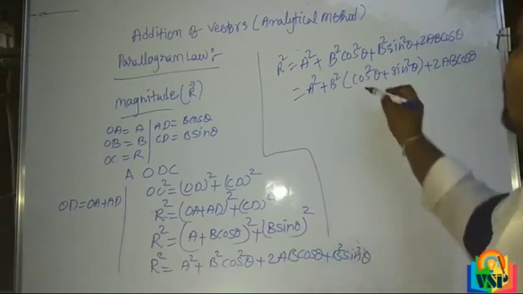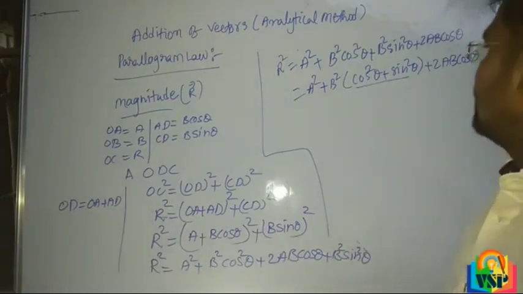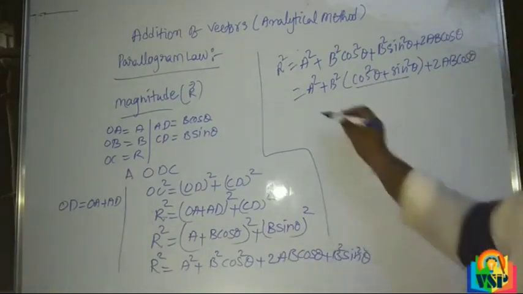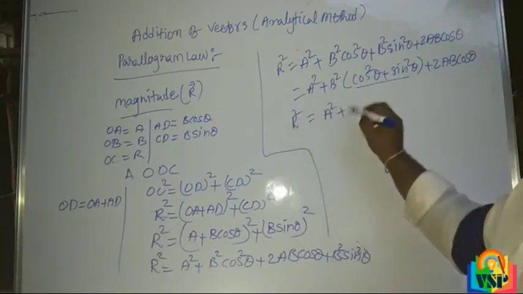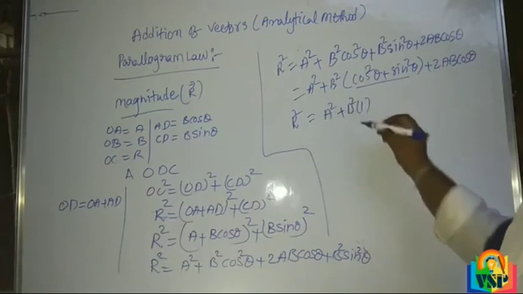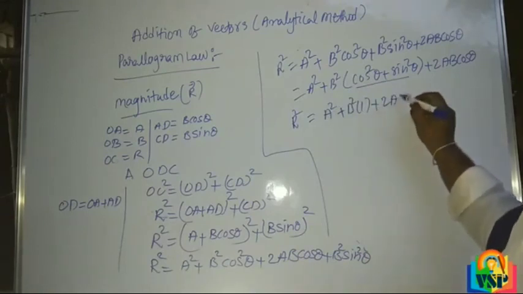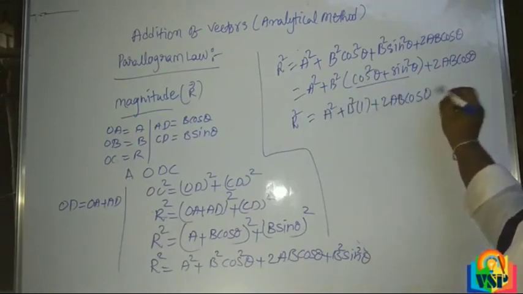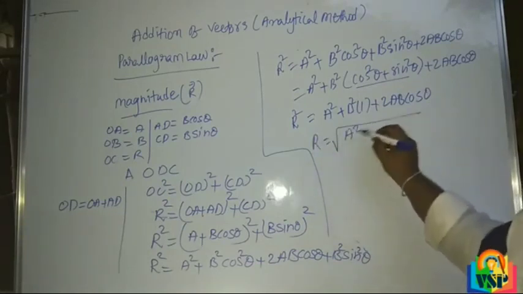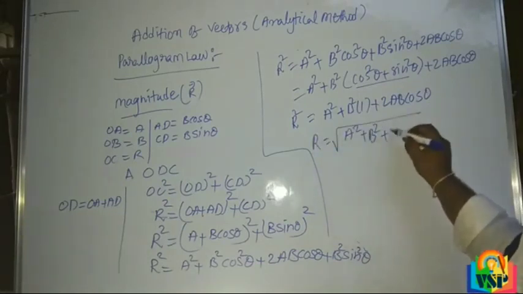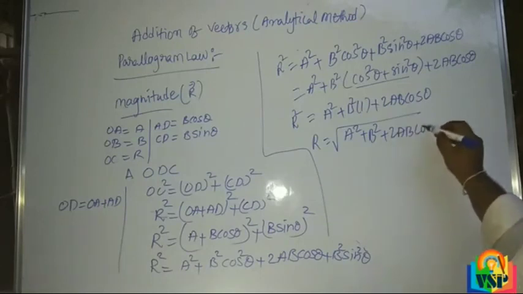We know that sin square theta plus cos square theta is equal to 1. So R square is equal to A square plus B square plus 2AB cos theta. Then R is equal to root of A square plus B square plus 2AB cos theta.